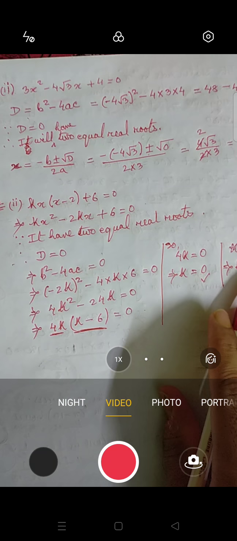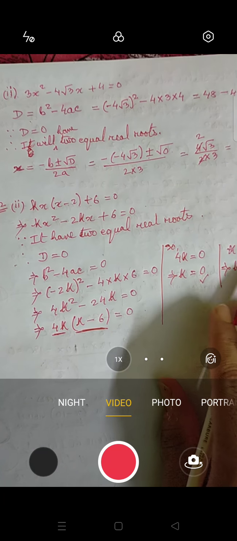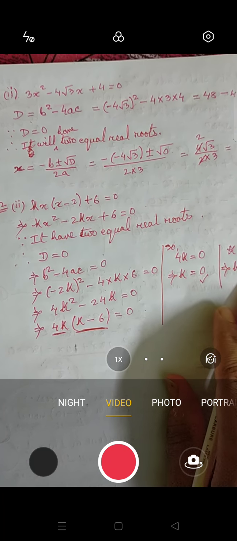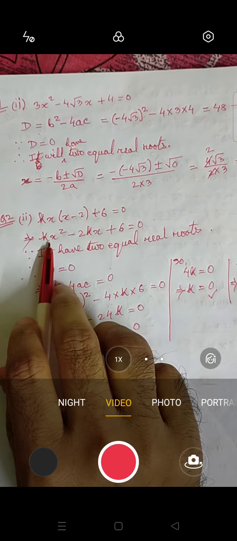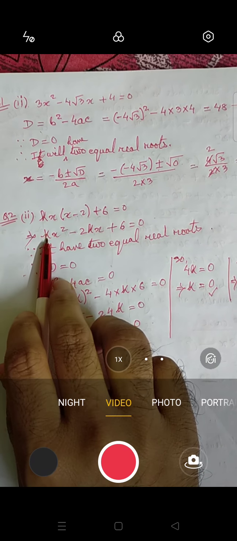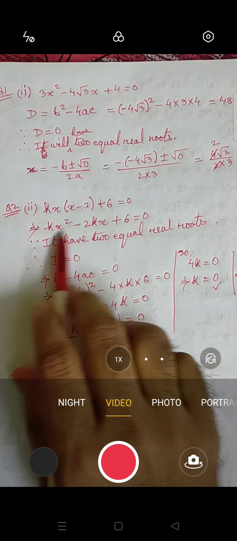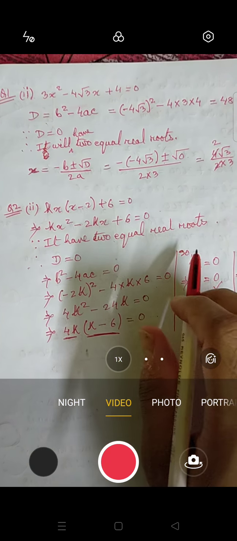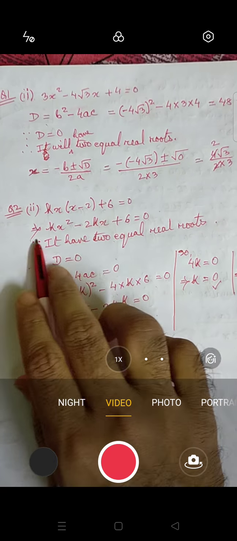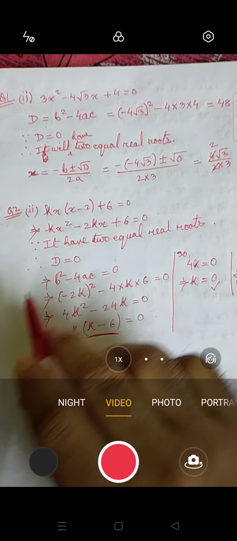But if I take k as 6 and substitute it here, then we may have some other answer. That means if we find the value of x, then we may get LHS equals to RHS.